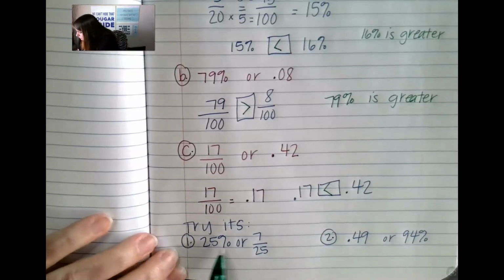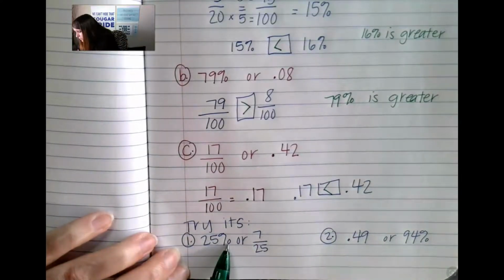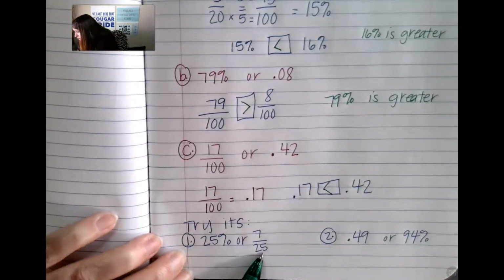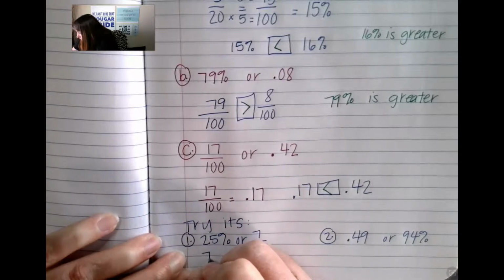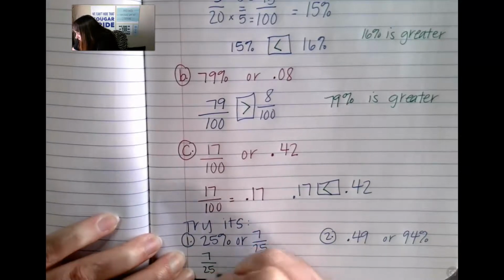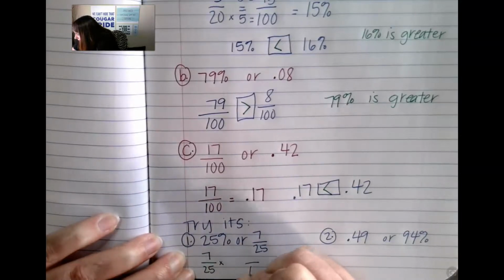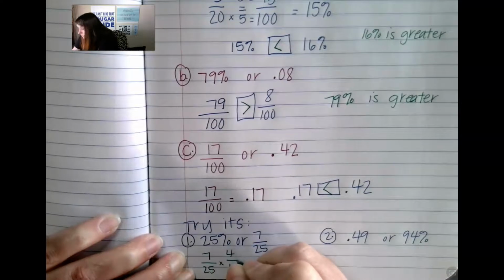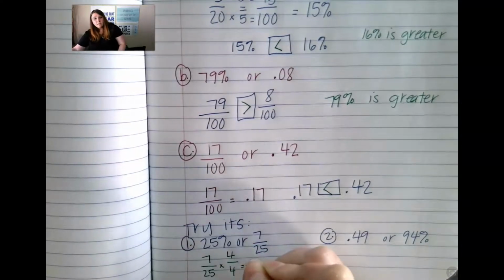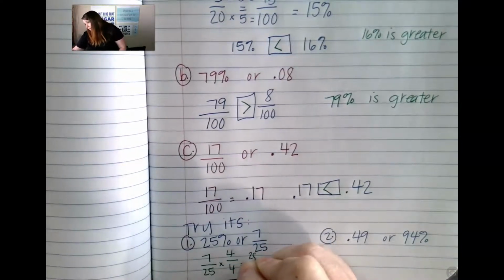All right. This one's already a percentage, so what I'm going to do is make the other into a fraction out of 100. For 7/25, I know I can get to 100 by multiplying by 4. And 7 times 4 gives me 28.